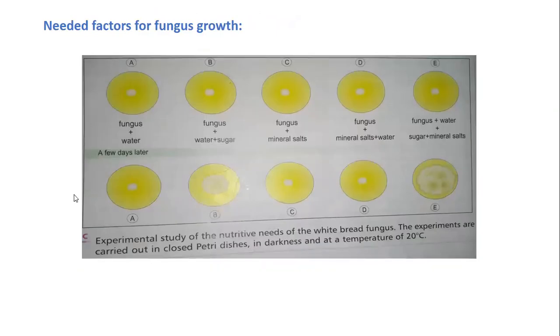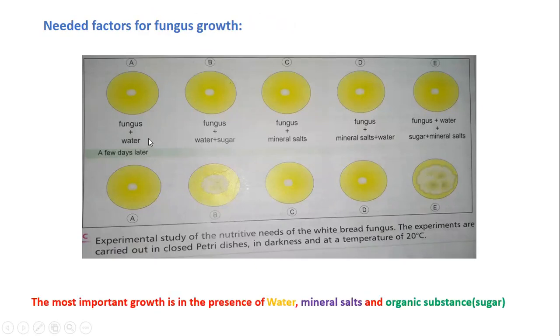Needed factors for fungus growth. Look at this series of experiments. We use here a petri dish, which is a transparent box made of plastic or glass, and we use it in order to culture some kind of cells.